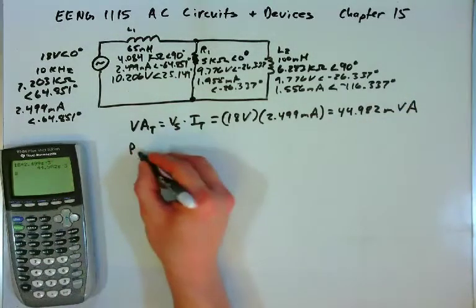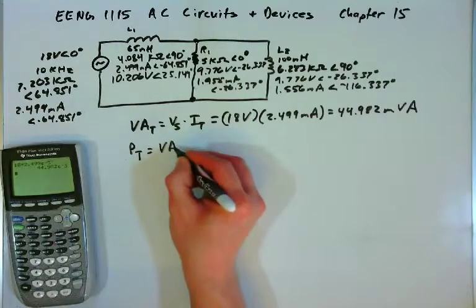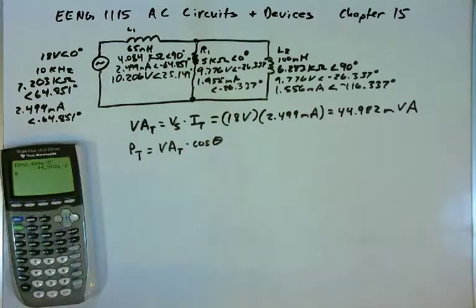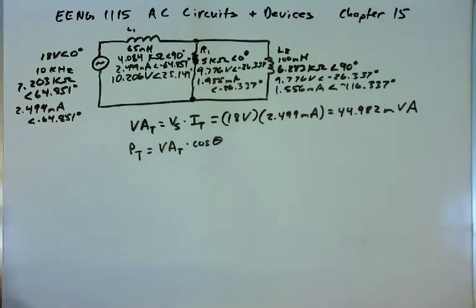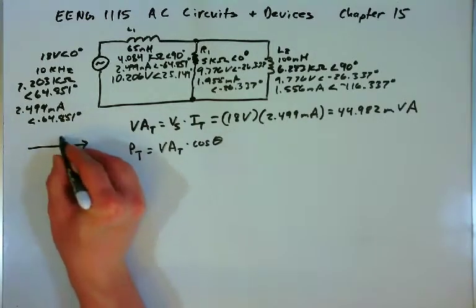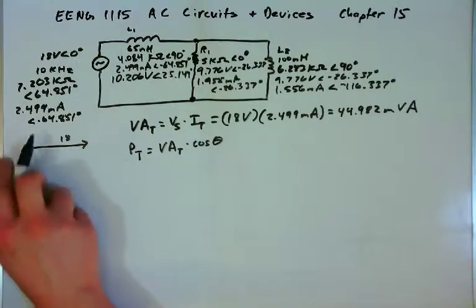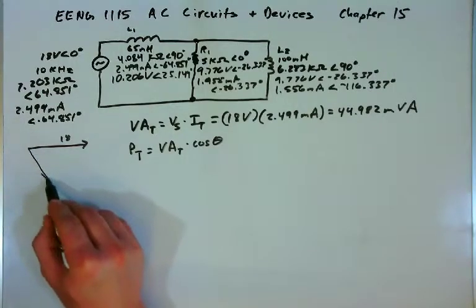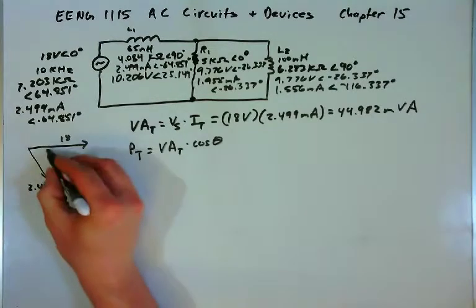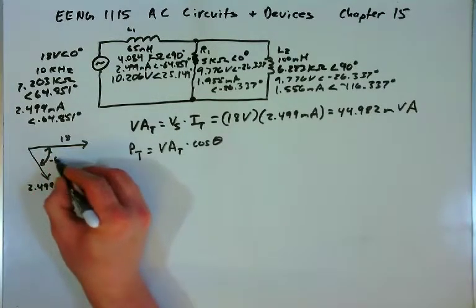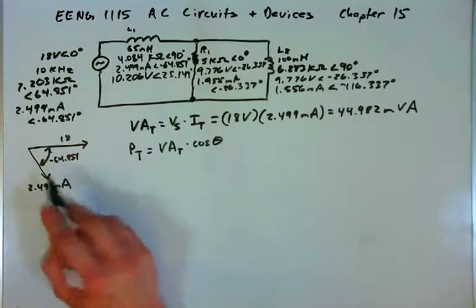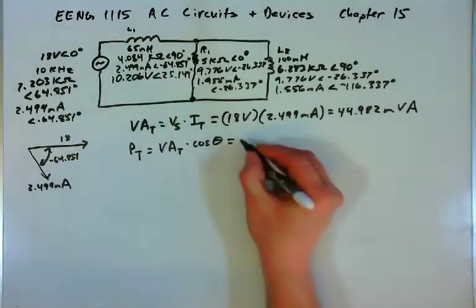Now we can find the true power of the circuit by taking the volt amps total and multiplying by the cosine of the angle between the voltage and the current. And so again, if we look at these vectors, we have a voltage vector, it's 18 volts at 0 degrees. We have a current vector, that's 2.499 milliamps. The angle is negative 64.851. We'll use the absolute value of the angle between the two vectors. And so we already know the volt amps.